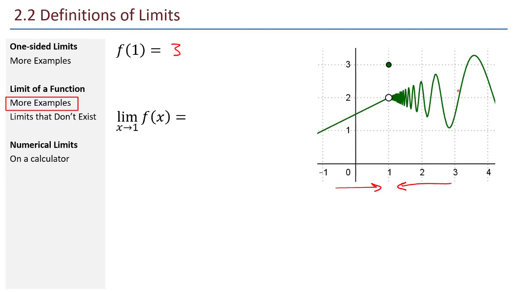But that oscillation narrows. That oscillation focuses on a y value of 2. So as x approaches 1 from the left, the y values go to 2. As x approaches 1 from the right, the y values go to 2. They match. Since the left-hand limit and the right-hand limit are the same, the regular limit is 2.